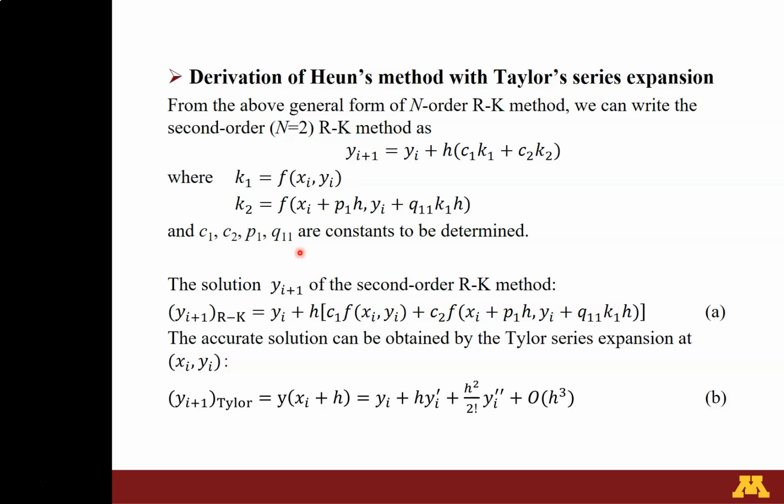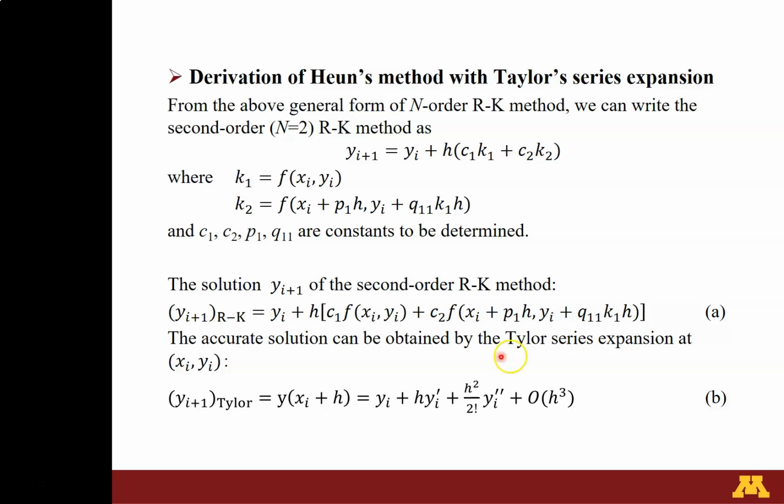So to derive the Heun methods, we need to determine these coefficients. Here is the solution of the second order: we plug K1, K2 into this, then we get this. This is the solution of the second order RK method.